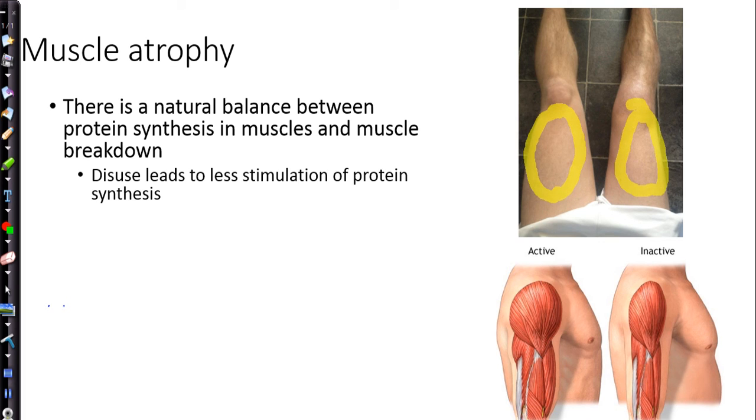So this person probably was having a lot of disuse and therefore some muscle atrophy associated with that muscle. And we see the same thing down here as well.